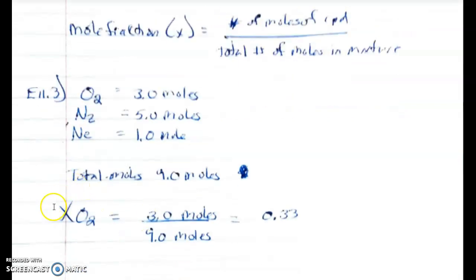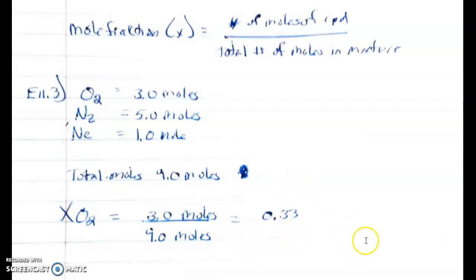And so if I want to know the mole fraction of oxygen, and we abbreviate that X with the subscript oxygen, or O2, we would set that equal to the number of moles of oxygen that are present, and that is our 3.0 moles, and we're going to divide that by the total number of moles present in the mixture, which is 9, and that will give us 0.33.